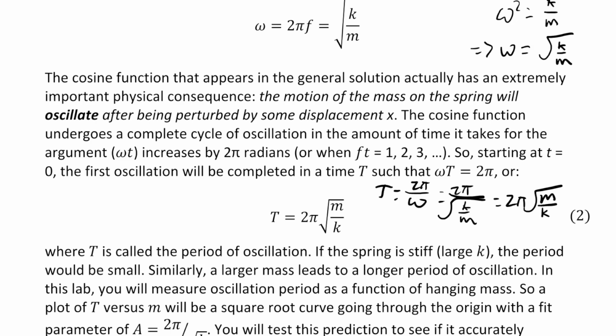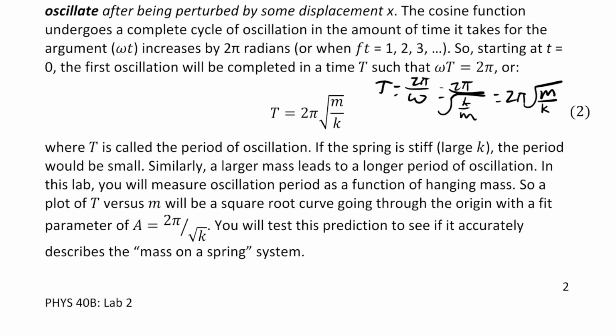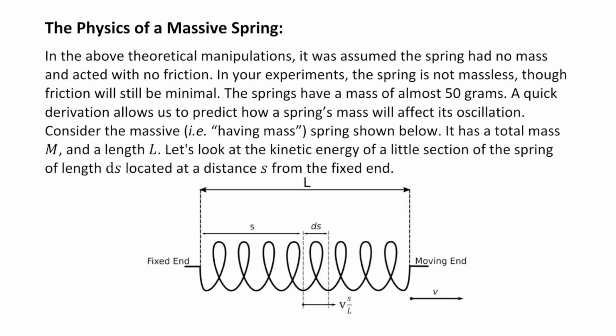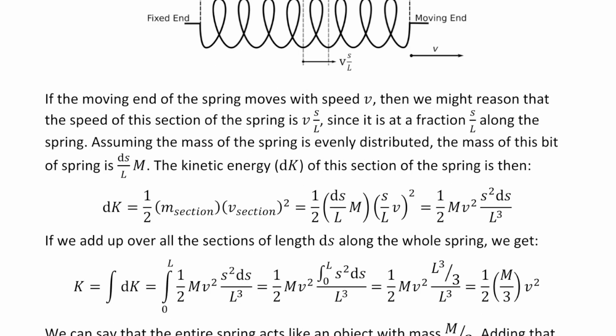Okay? And so the next part of the lab talks about how to account for the mass of a spring, because so far we've assumed that the spring has no mass, but in reality springs have mass. So I'm not going to go through all of this, but all they do is look at the kinetic energy of the spring with mass: they write dK, some differential kinetic energy, and they write an equation for that.